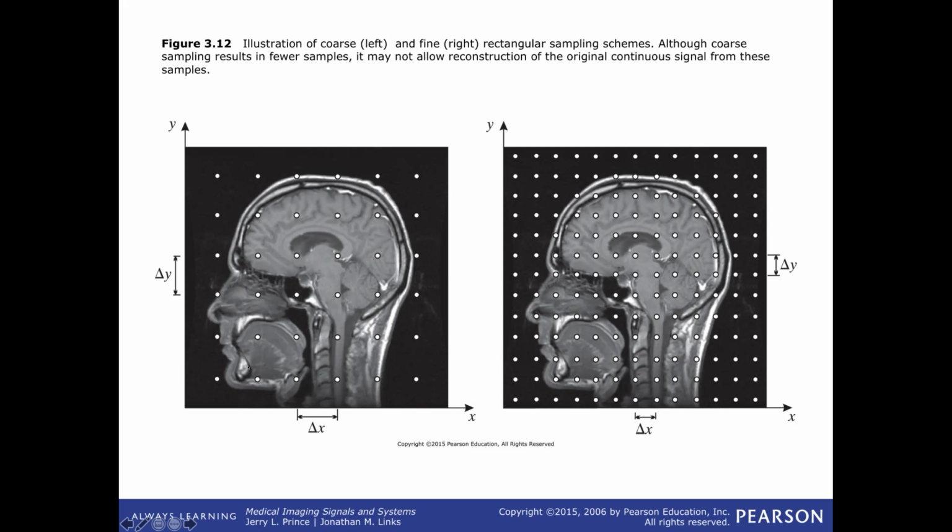We use it as a backdrop to ask, what happens if we sample this picture at different rates? And when I say sampling rate, I mean, how often do I sample it per centimeter? So I take 4 samples per centimeter, 1,000 samples per centimeter, or, you know, half a sample per centimeter.